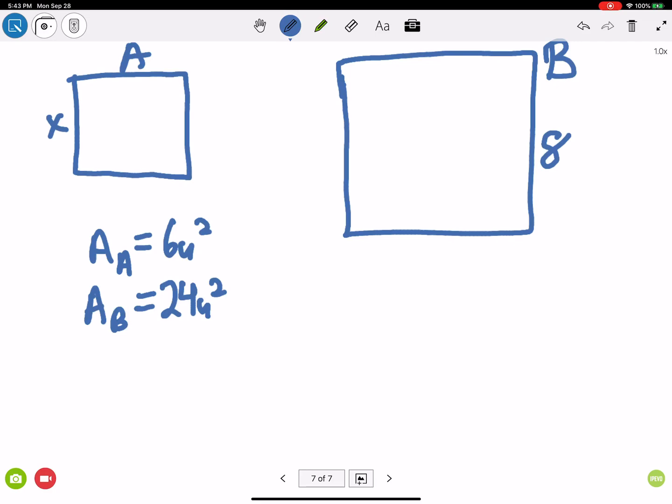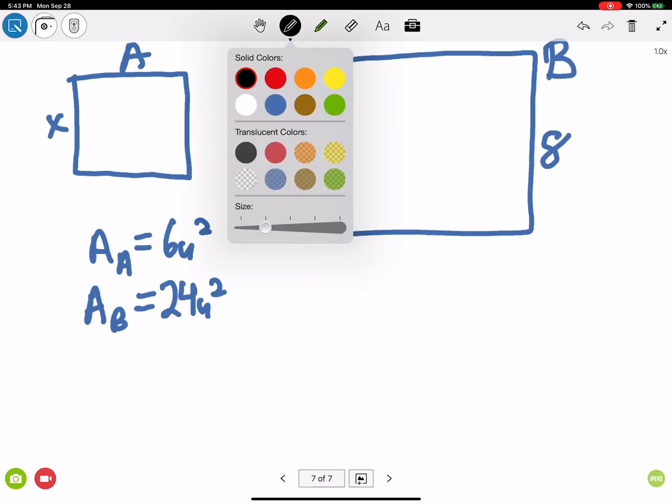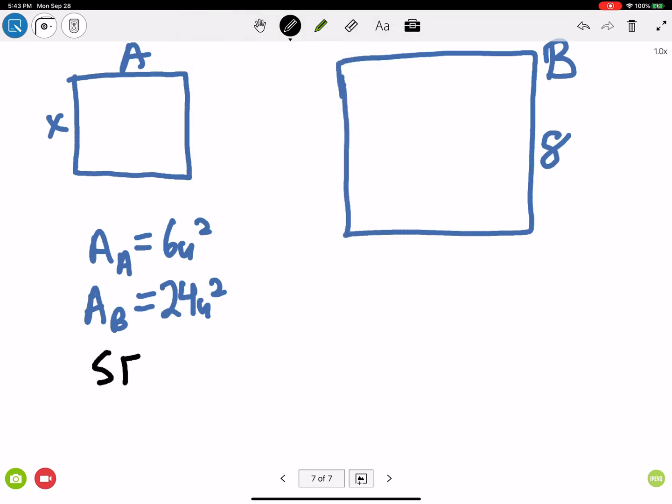So figure out two things for me. One, what's the scale factor, let's say going from B to A? And then what is x?